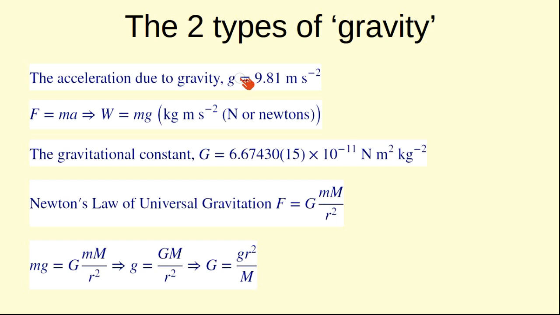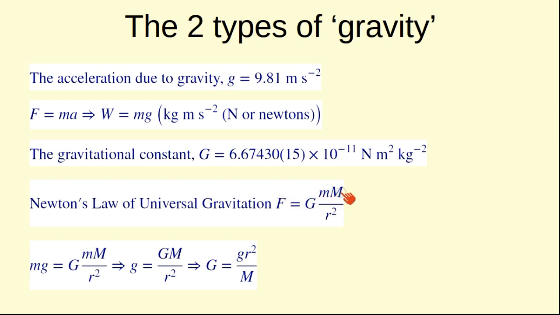That is little g. Big G, the gravitational constant, is 6.67430 to 15 decimal places precision, allegedly, times 10 to the minus 11 newton times meter squared times kilogram to the minus 2. So that's not the same as this one. So these units are not the same as that either. Newton's law of universal gravitation, F equals G m1 m2 over r squared, very famous one.